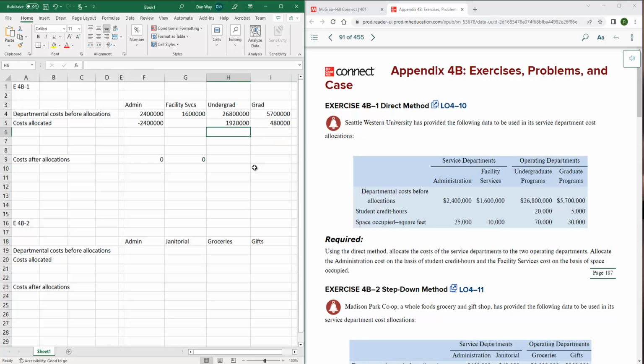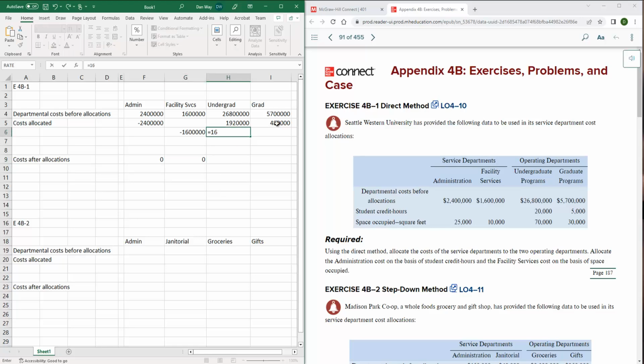And there's my allocation to the grad programs. Now I always want to double check, make sure I've allocated every dollar. So the sum of these here, $2,400,000, yeah, I'm good to go. Okay. And let's do the same now for facility services. I want to make sure I allocate all $1,600,000. So we'll make sure we plug that in there just to show we're reconciling or tabulating to zero down here.